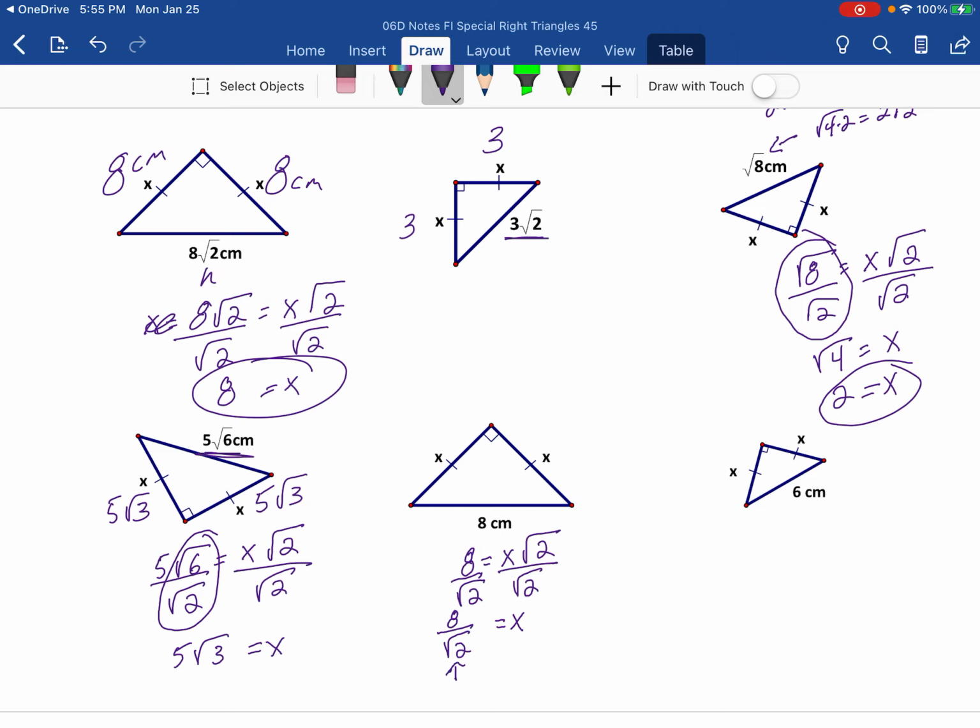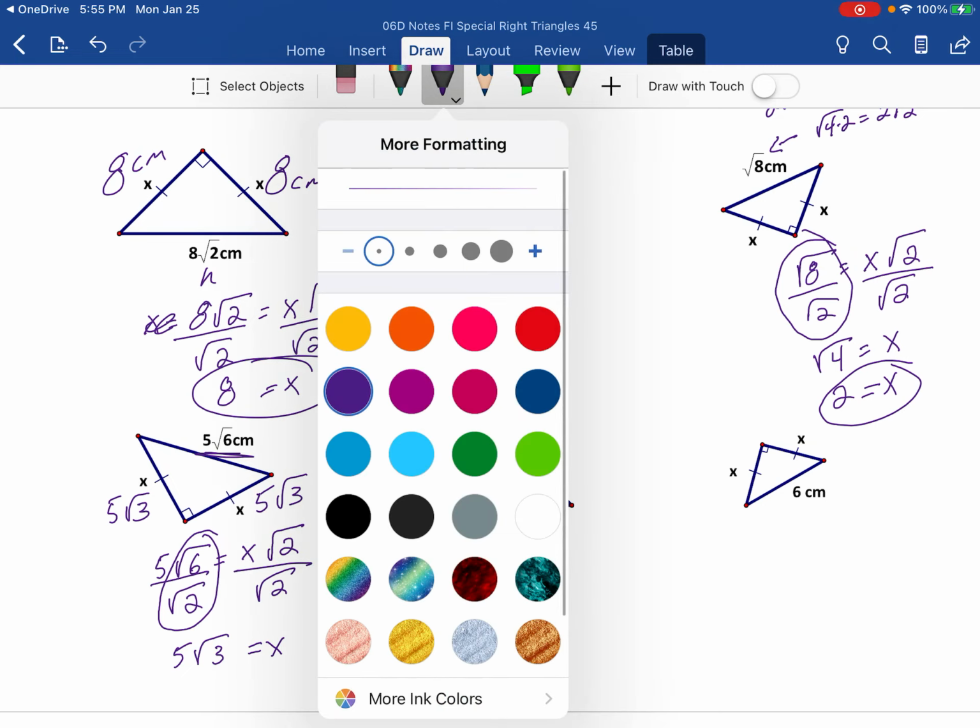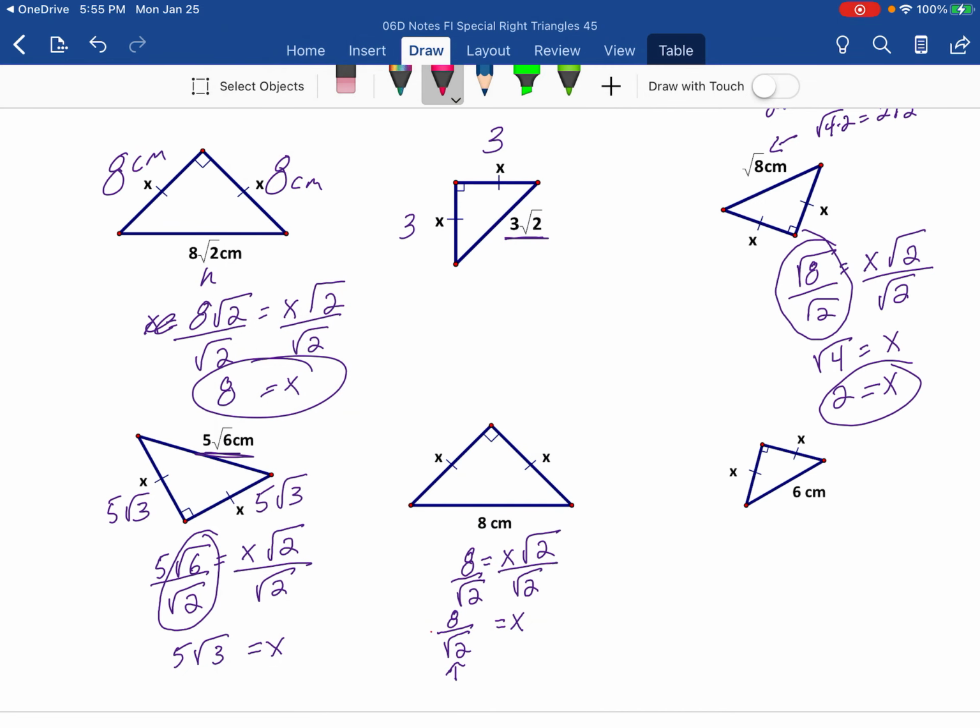Now we have a problem here. You cannot have a radical in the denominator, so I have to do what's called rationalize the denominator. I have to get rid of that. And it's actually pretty simple. All you have to do to rationalize is multiply by the radical over the radical. This is called rationalizing the denominator.